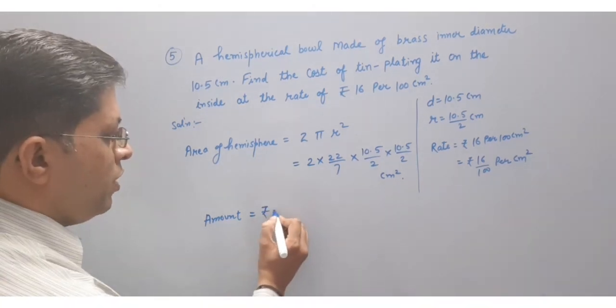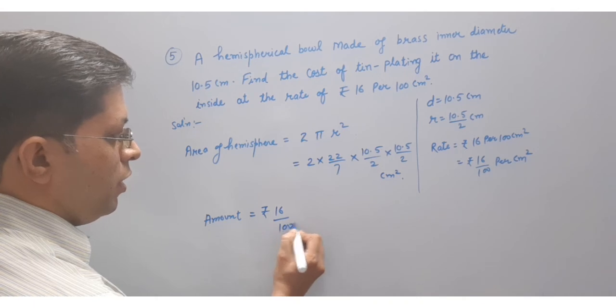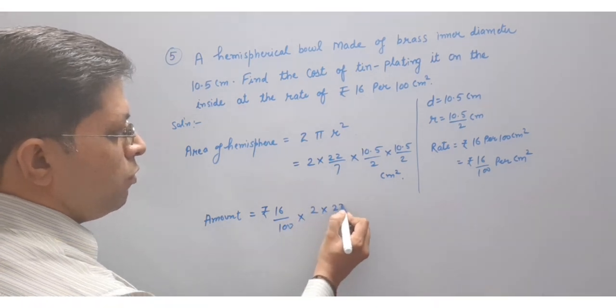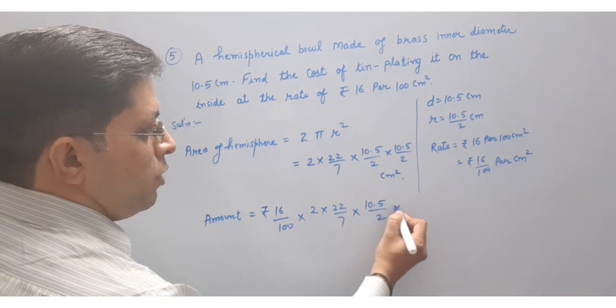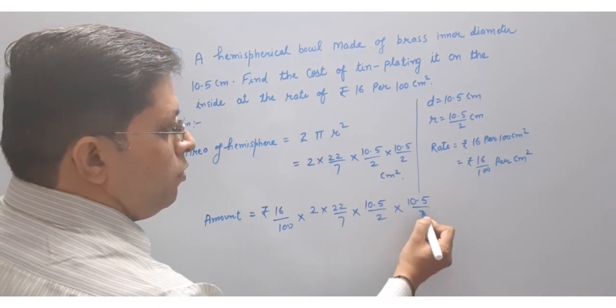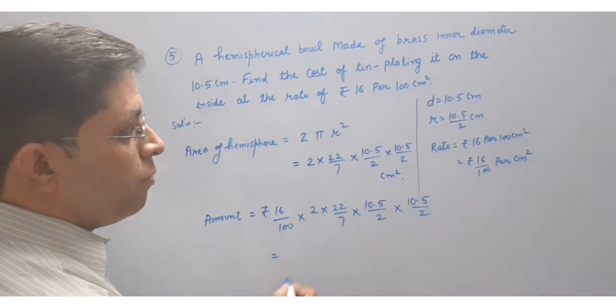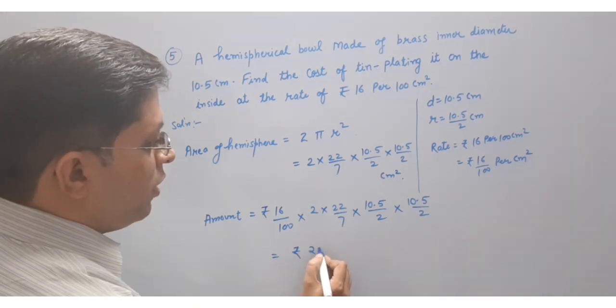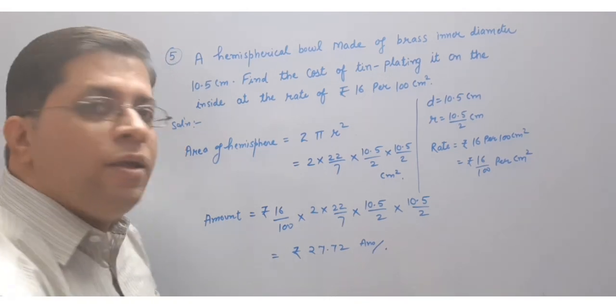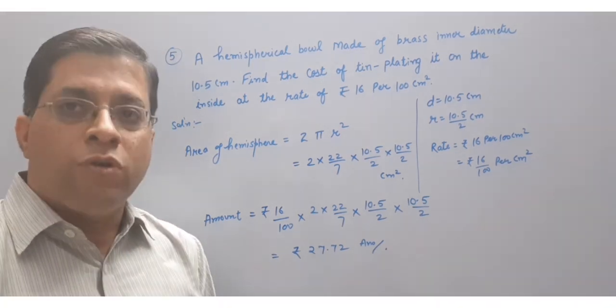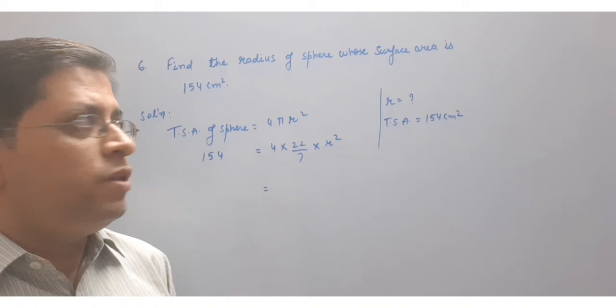This is rupees 16 upon 100 into 2, 22 upon 7, 10.5 upon 2 into 10.5 upon 2. When you simplify it, you will get 27.72. This is your answer, and this is the amount he has to pay.